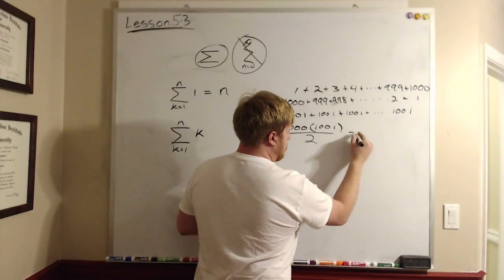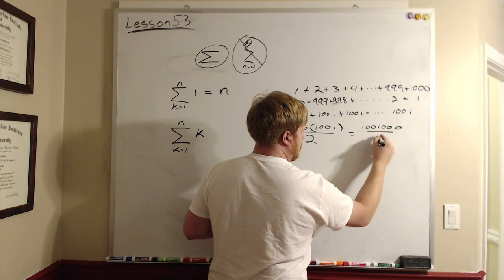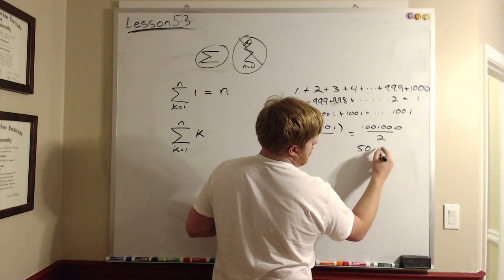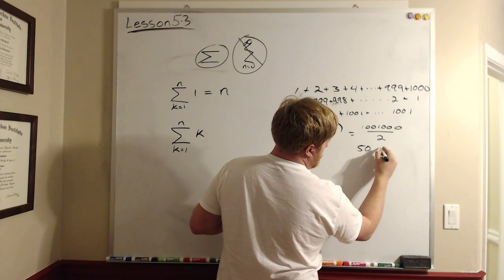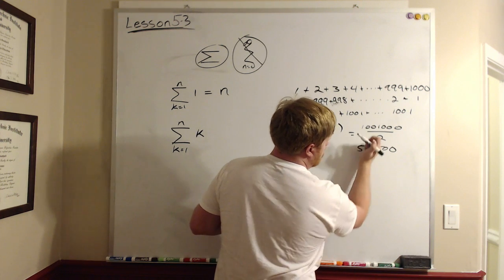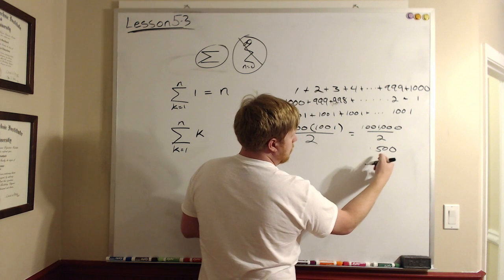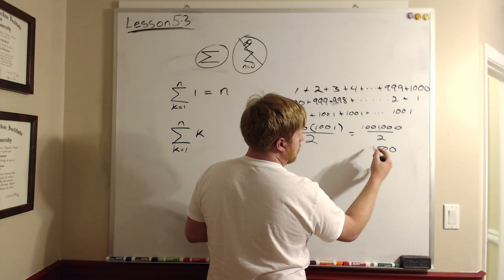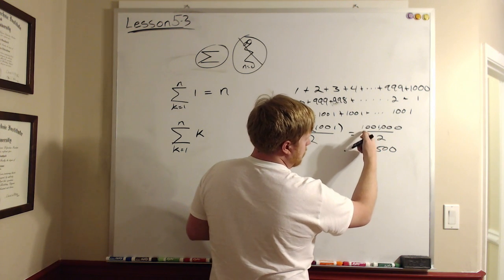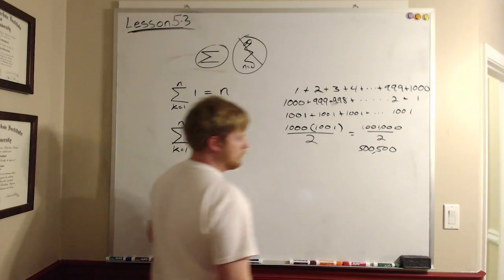So the answer to this problem here is 500,500. Half of 1,000 is 500, and half of a million is 500,000. Oof, math.